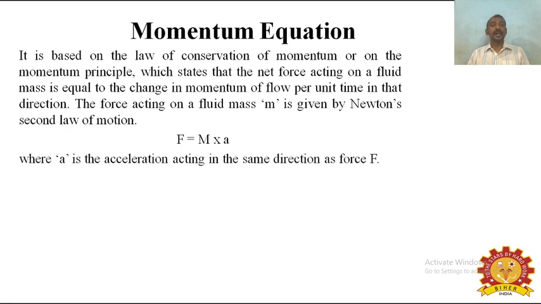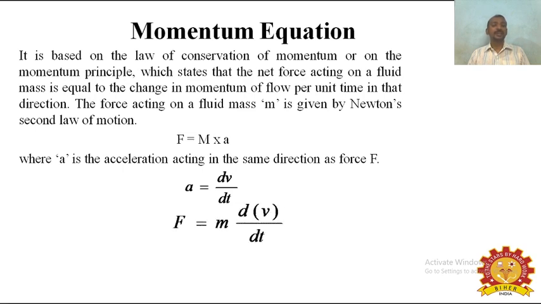Here a is the acceleration acting in the same direction as force F, so a is equal to dV divided by dt. Now I have to substitute that a value in Newton's second law. At that time F is equal to m into dV divided by dt.